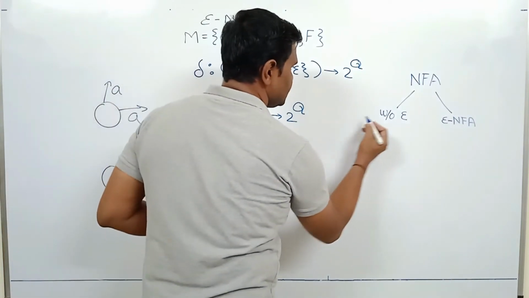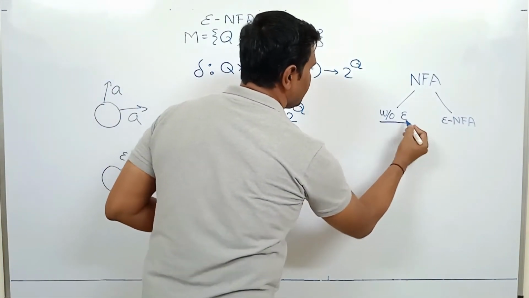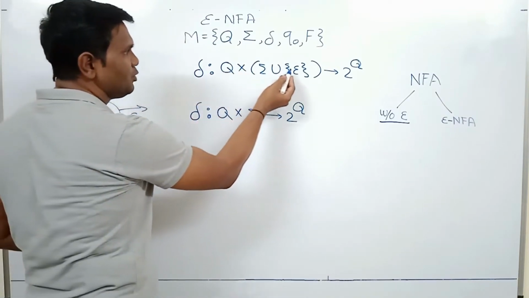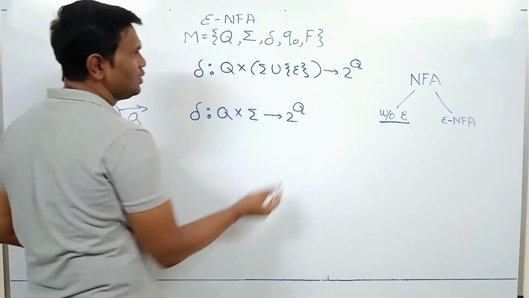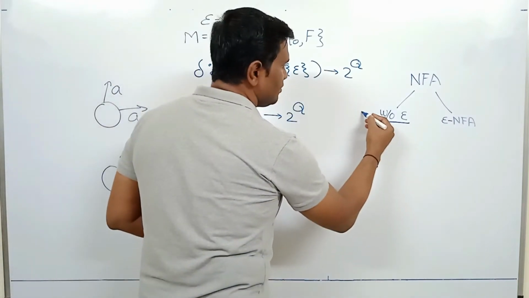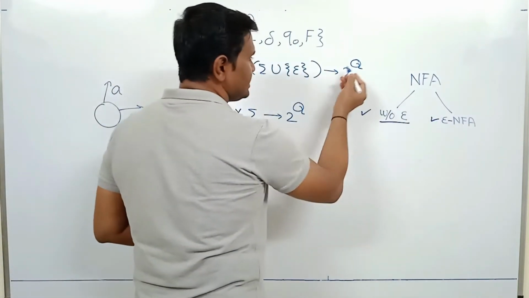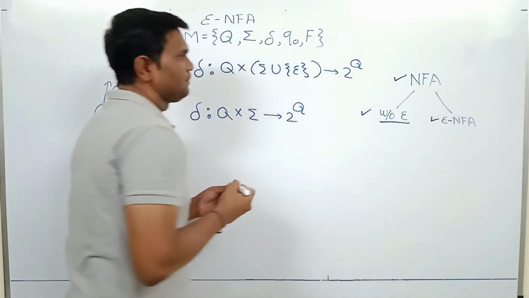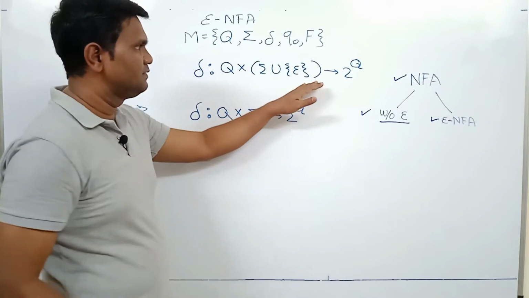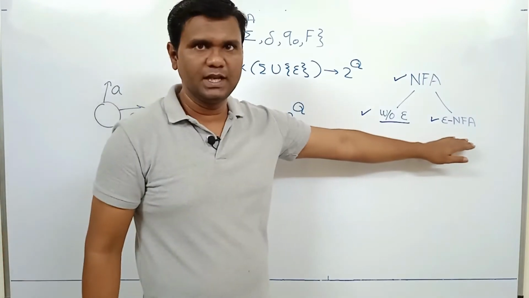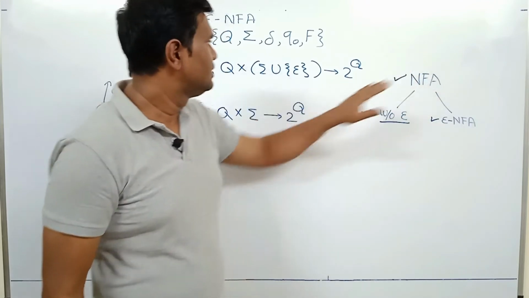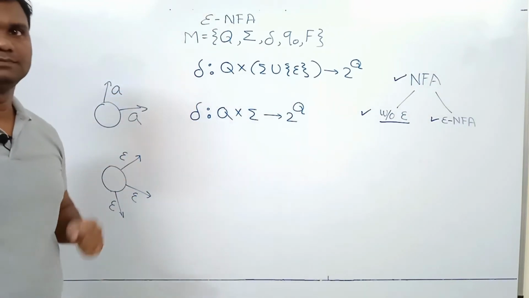It covers only this part. If you consider delta: Q cross (sigma union epsilon) goes to power set of Q, then it covers both types. This is the transition function for NFA. If you are asked what is the transition function of NFA, then this is the correct answer.